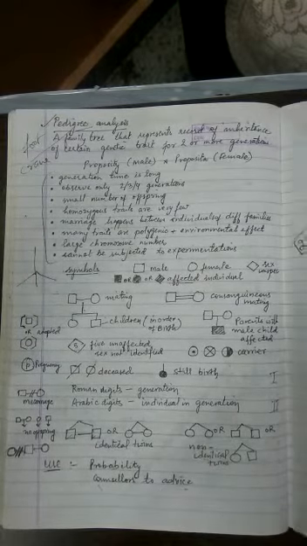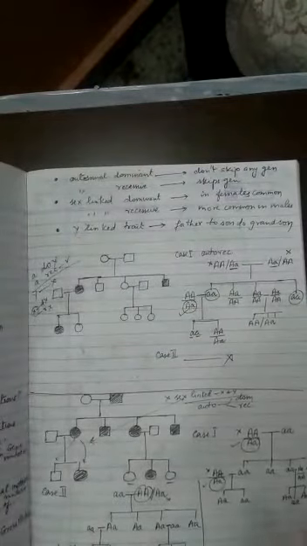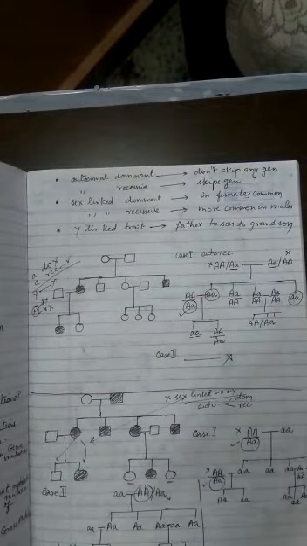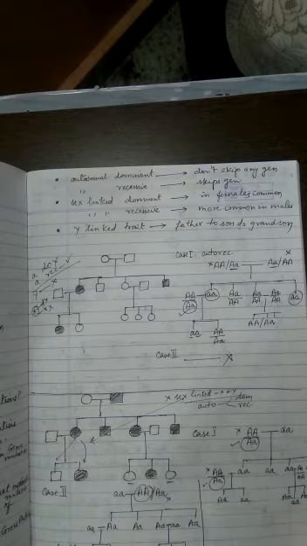So we did some pedigrees in the last class. Just wanted to remind you once again, Y-linked characters will only be visible in the male, but in all the males in all generations. So they pass on from father to son to grandson.